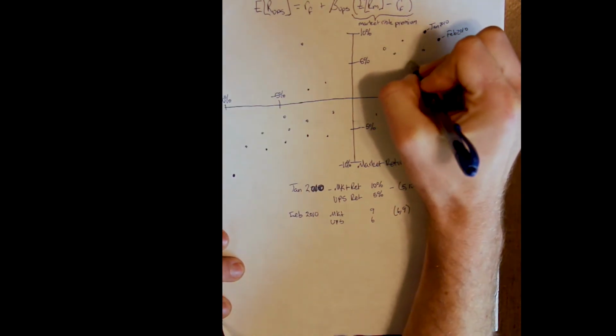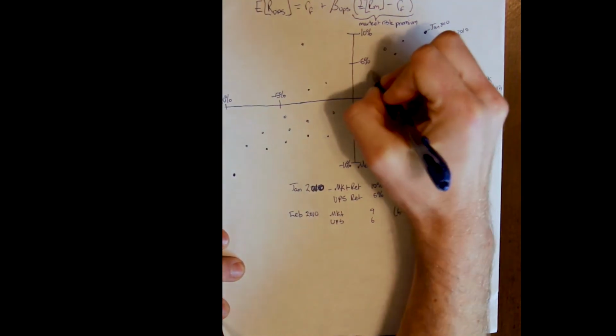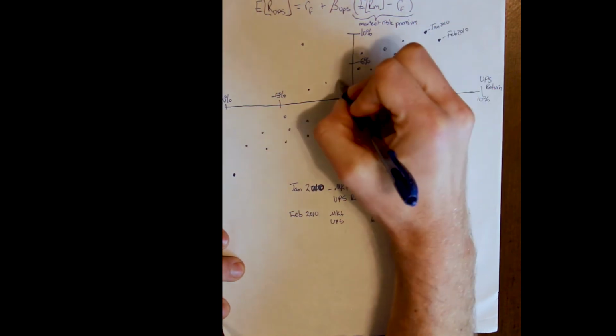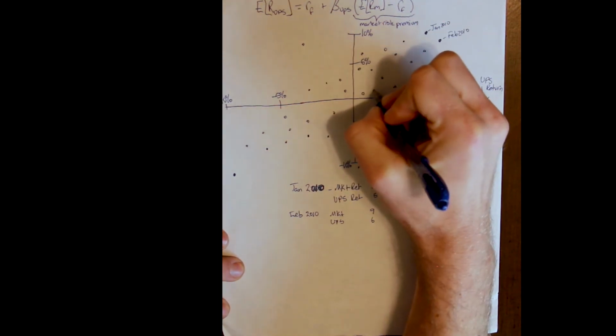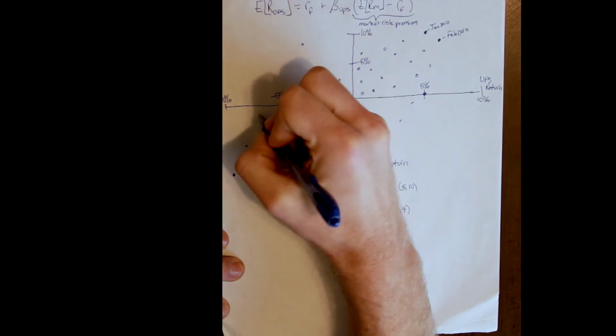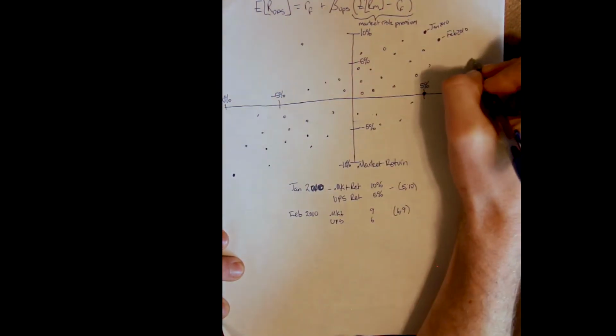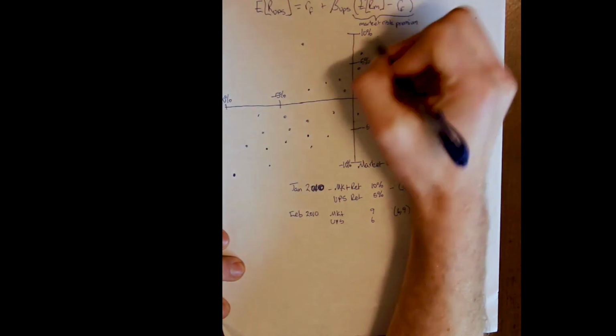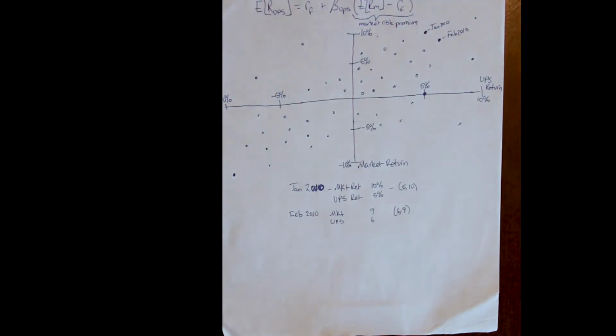And each one of these points represents a month, and the coordinates of that month are UPS's return against the average market return. Okay.